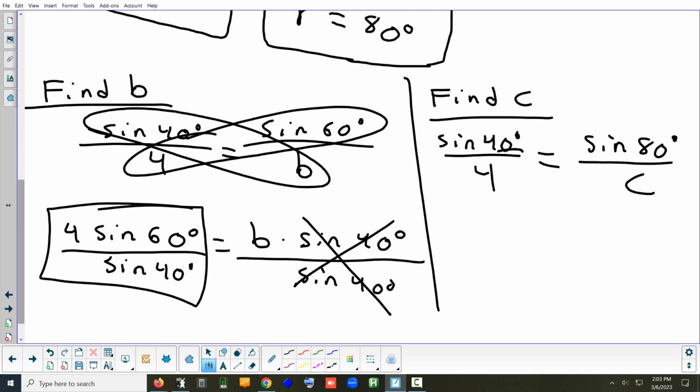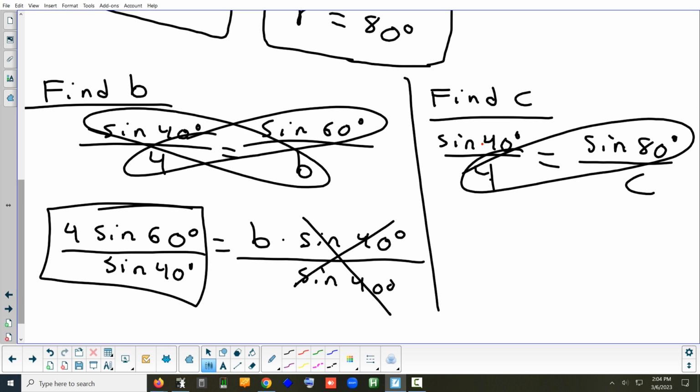It's going to end up being that times that divided by sine 40. You always have to divide by the one that's on the diagonal with the letter. That's what always ends up happening. But if you want to write it out, you just write it out.